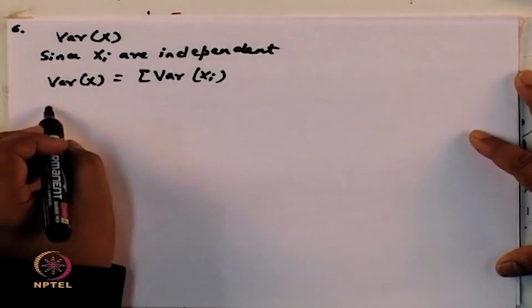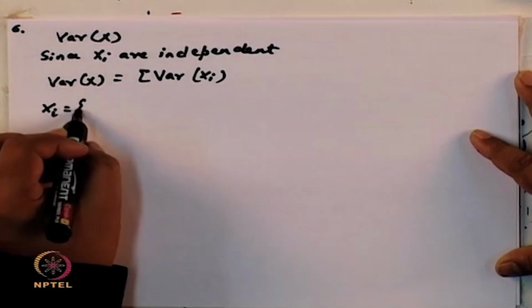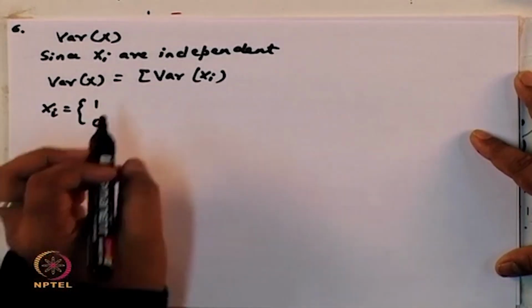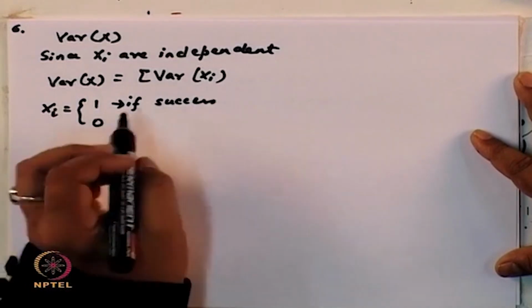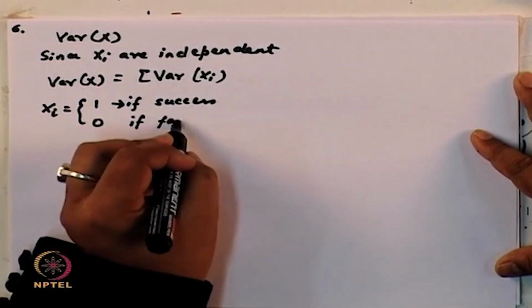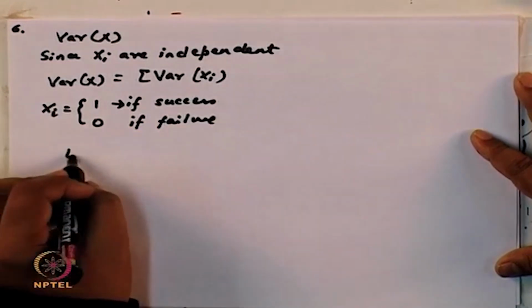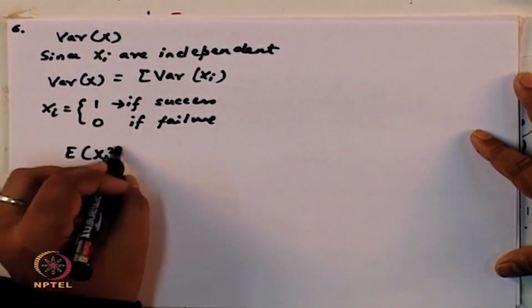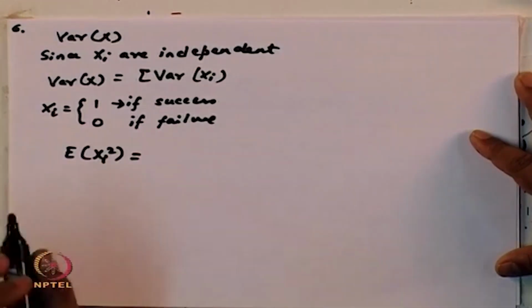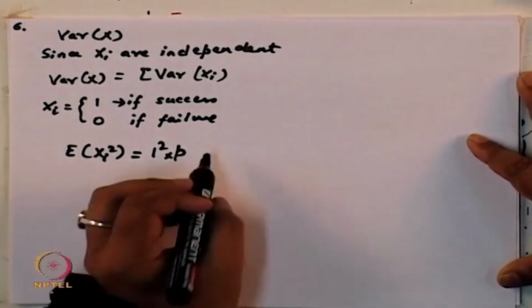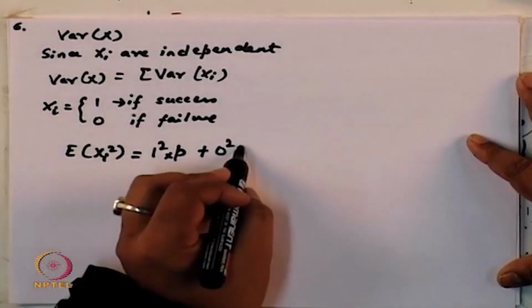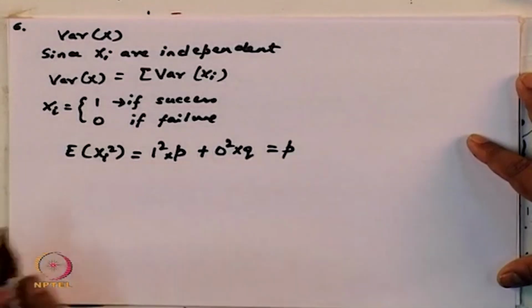Again we have Xi equal to 1 if success and 0 if failure. So E of Xi square is equal to 1 square into p plus 0 square into q, which is equal to p.